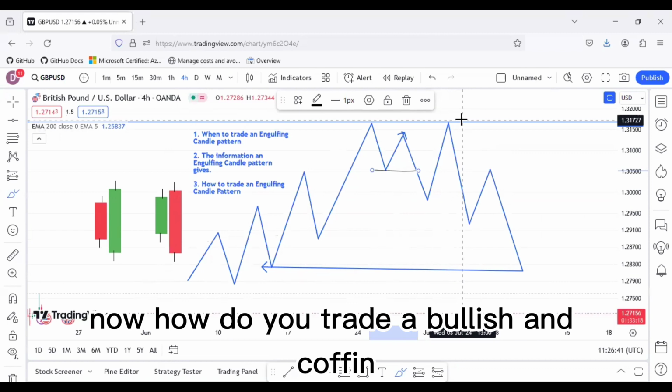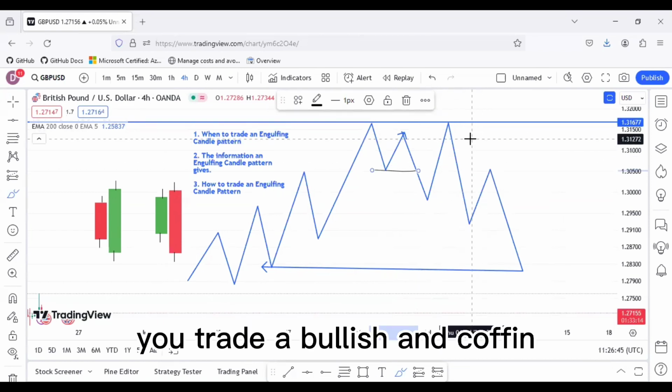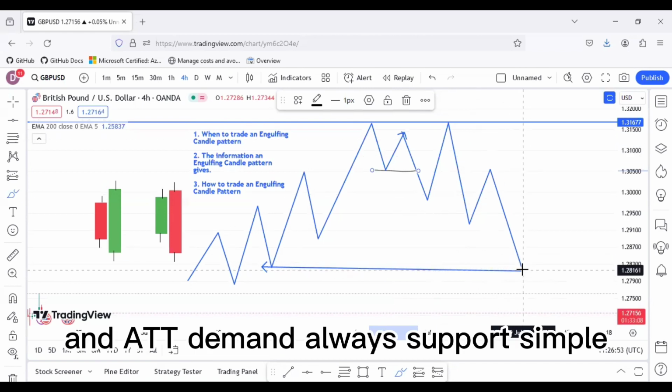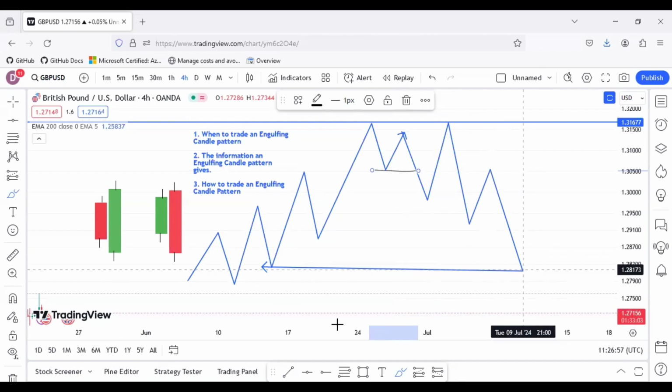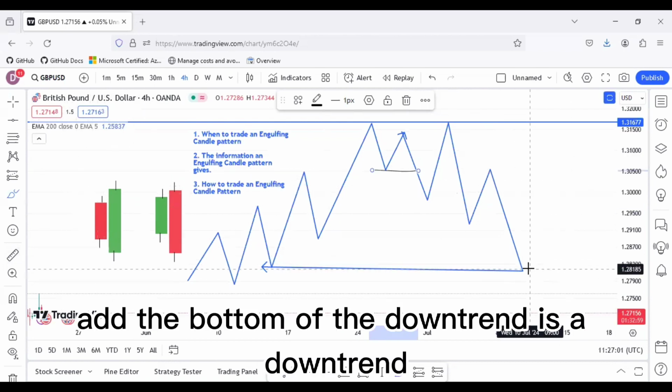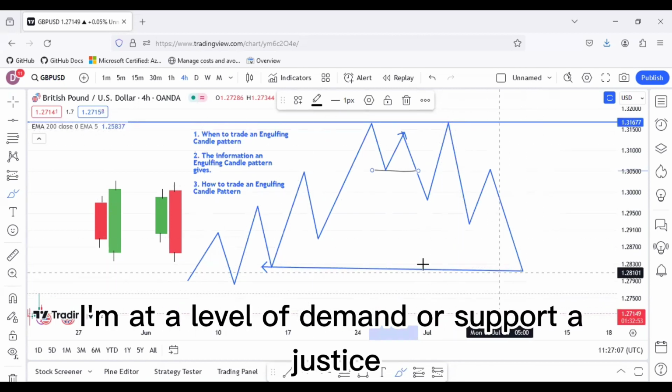Now, how do you trade a bullish engulfing? You trade a bullish engulfing at the bottom of a downtrend and at a demand or a support. Simple. So when you see a bullish engulfing like this, at the bottom of a downtrend, this is a downtrend, and at a level of demand or support.